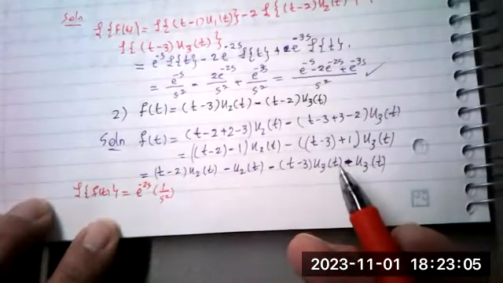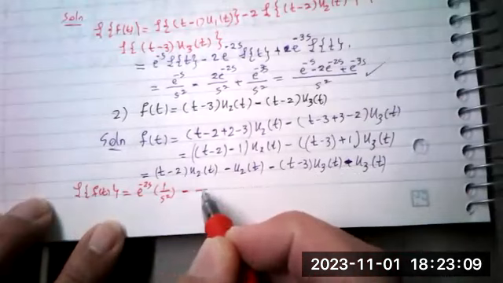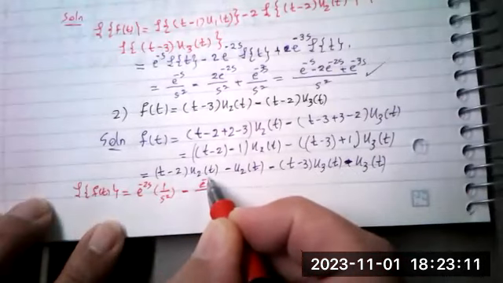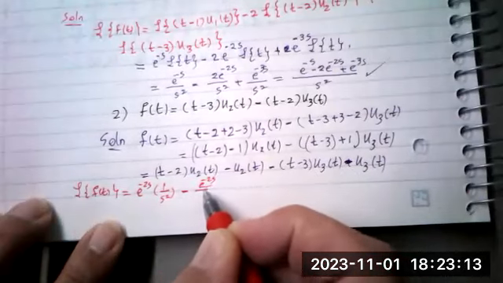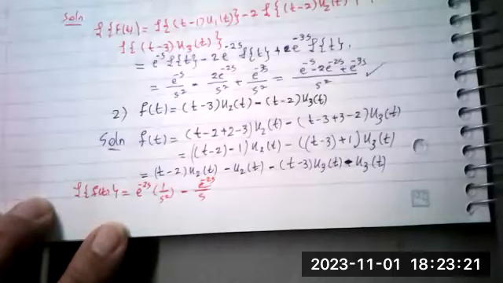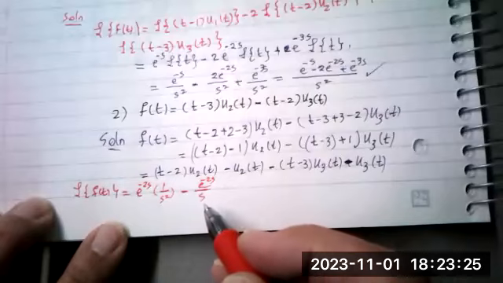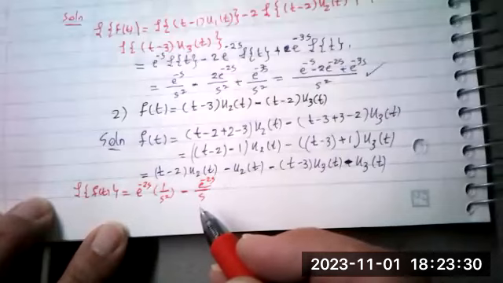The second one is the ordinary unit step function minus e to the negative 2s over s. That's a 2, e to the negative cs. Remember, e to the negative cs over s. Formula: Laplace of u_c(t) is e to the negative cs over s.